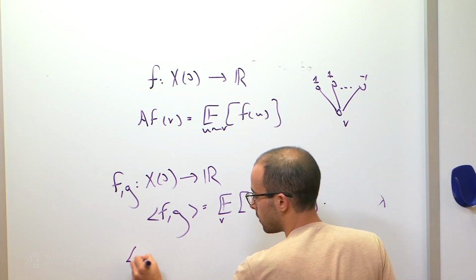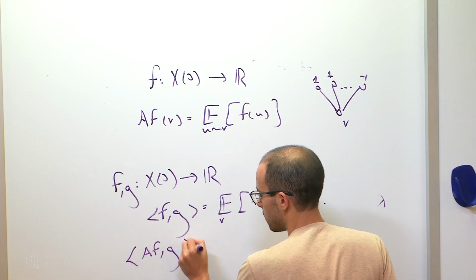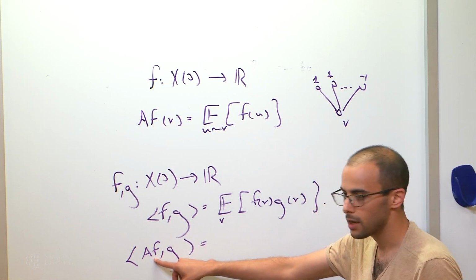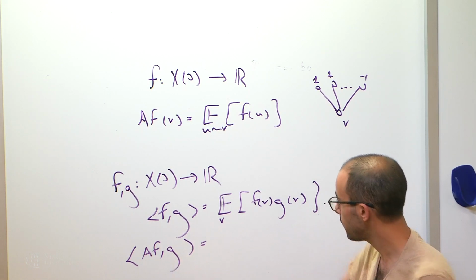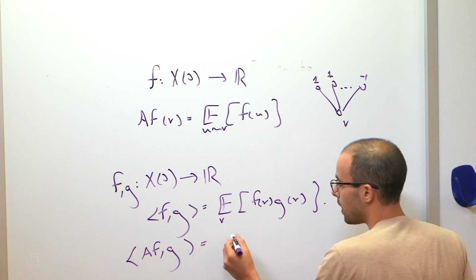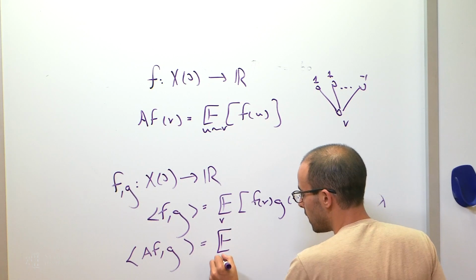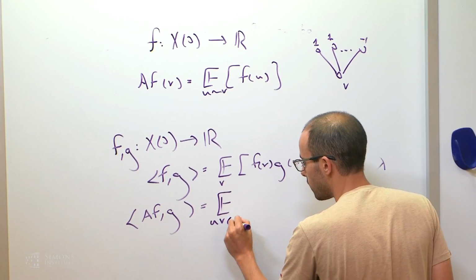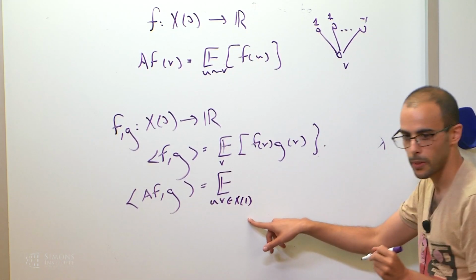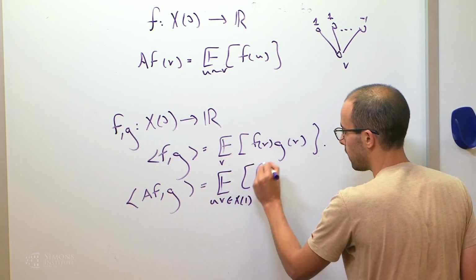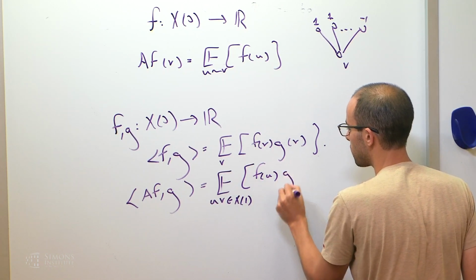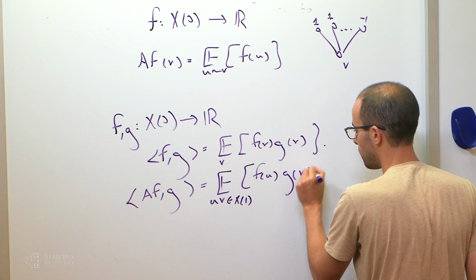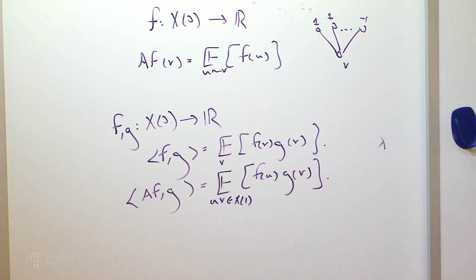And we saw that if we take Af and take its inner product with some function g, then this actually corresponds to this symmetric bilinear form where you choose an edge with a direction and then multiply f of one side times g of the other side. Doesn't matter which is which.